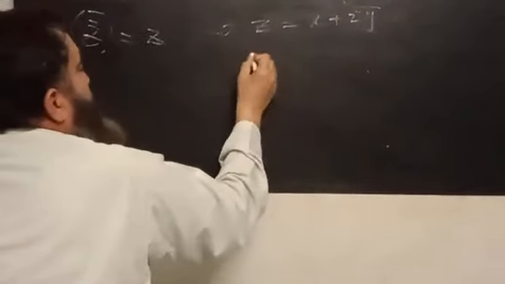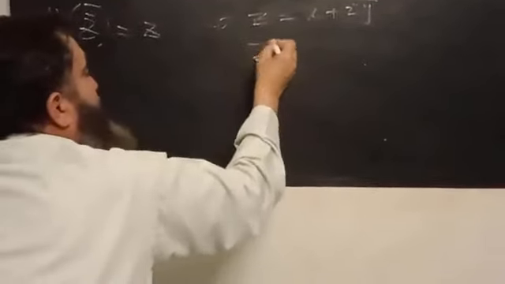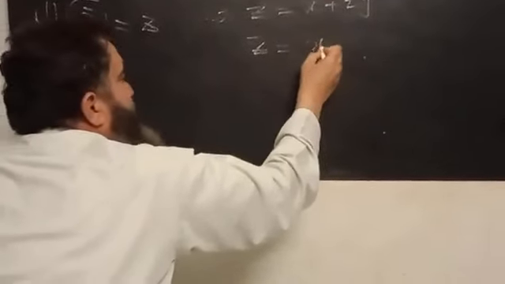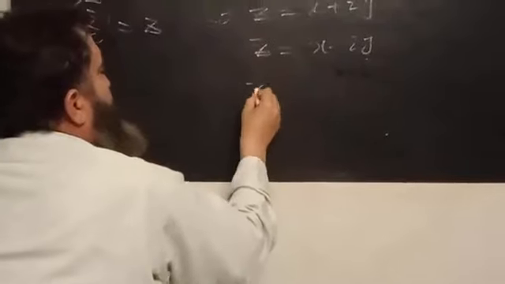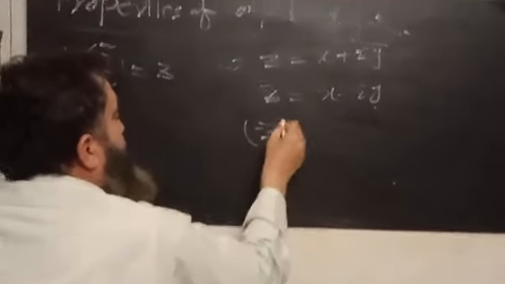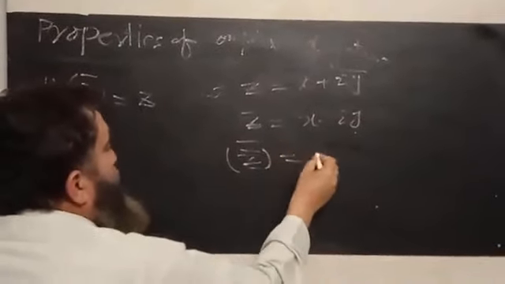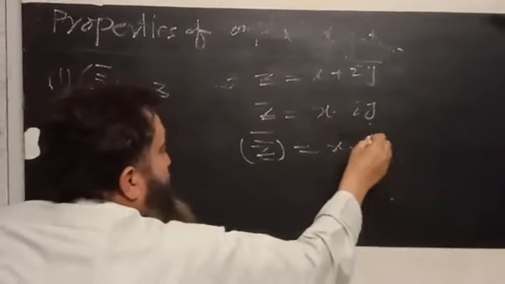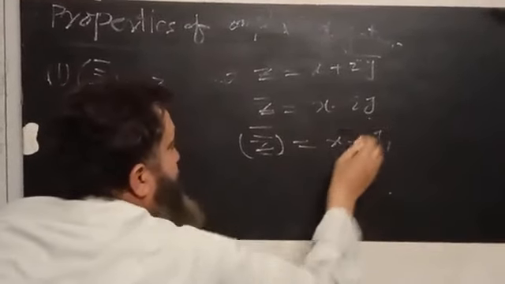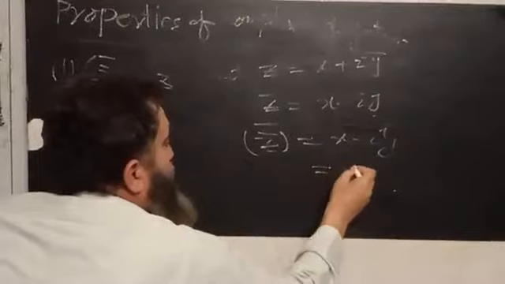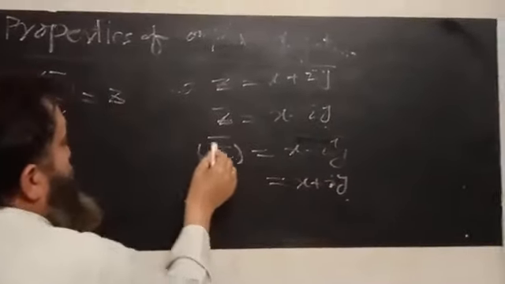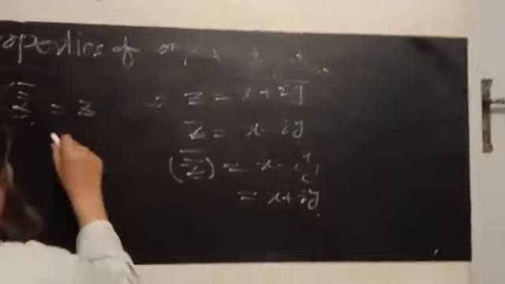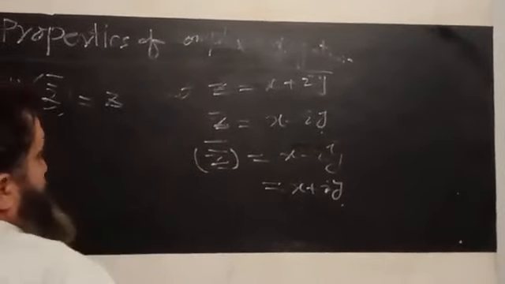Then by definition z conjugate will be equal to x minus iota y. Therefore z conjugate conjugate will be equal to the conjugate of x minus iota y, and this will be equal to x plus iota y. So z conjugate conjugate is equal to z. This is the first property.